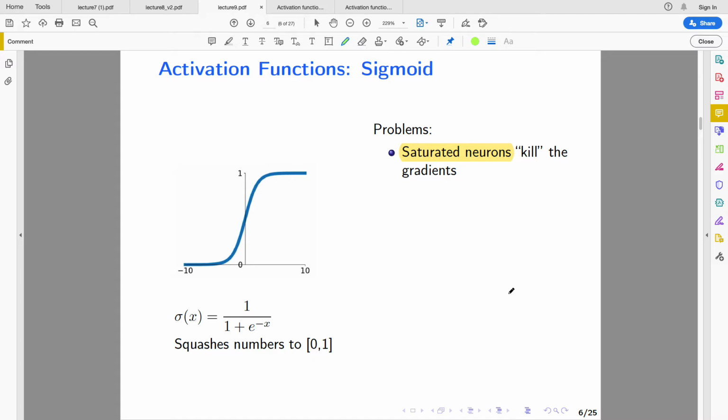You have to do what you call error backpropagation, and to be able to do error backpropagation, you do what you call the partial derivative, the derivative of the total loss with respect to the weights in the network.